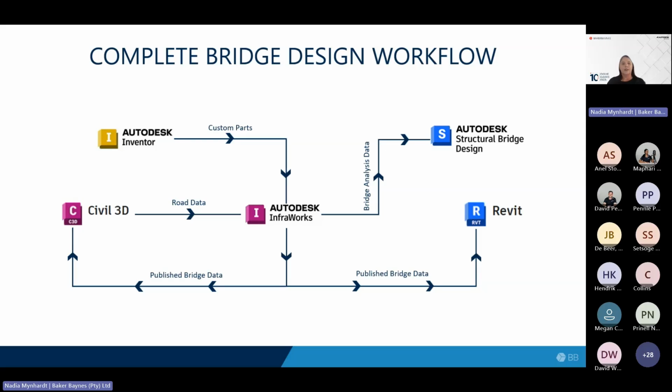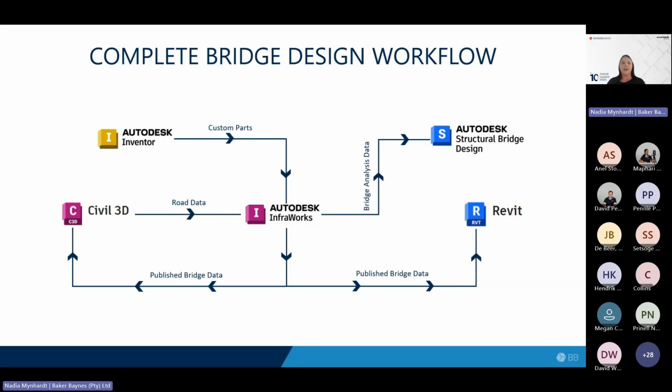So the Revit modelers will update their Revit file as well as the Civil 3D modelers, because the Infraworks model will be updated with the latest information coming from the structural engineer who designed the bridge after doing its analysis. And basically this workflow will repeat itself. You might not need to create your custom parts once again. You will simply adjust the sizes of the girders, for instance, or the piers.